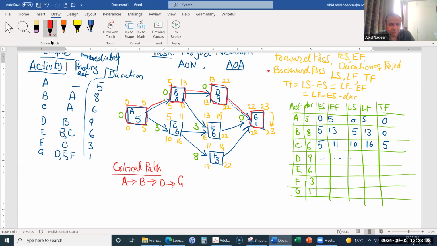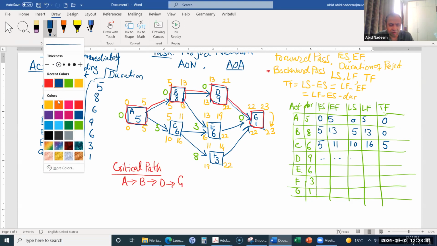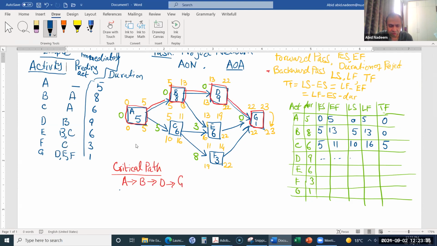And on this critical path, if you take the duration of these critical activities, the duration of A was 5, for B it was 8, for D it was 9, and for G it was 1. So if I add it, 5 plus 8, 13 plus 9, it will be 23.